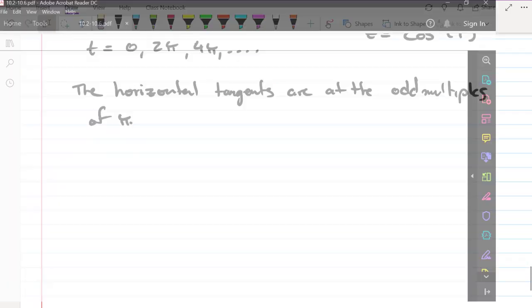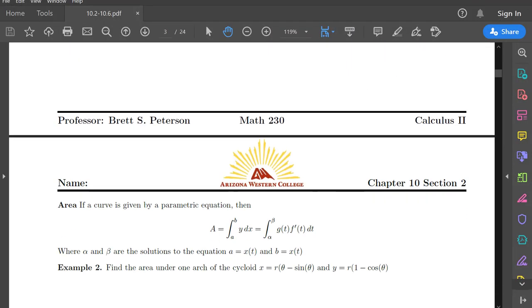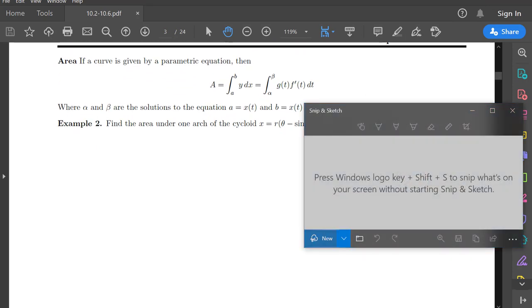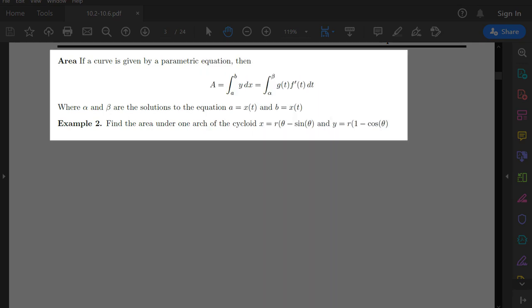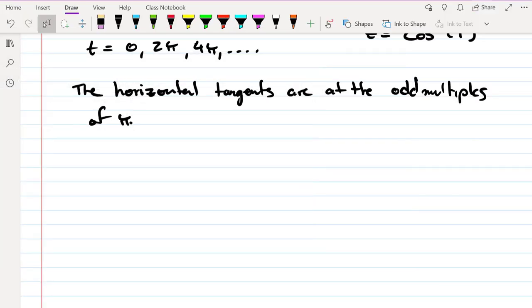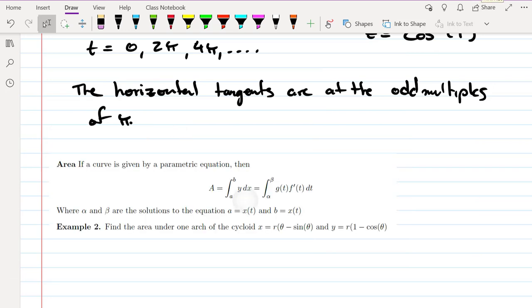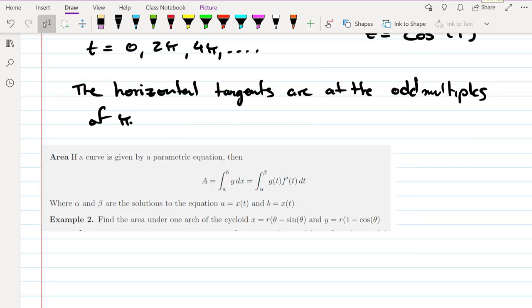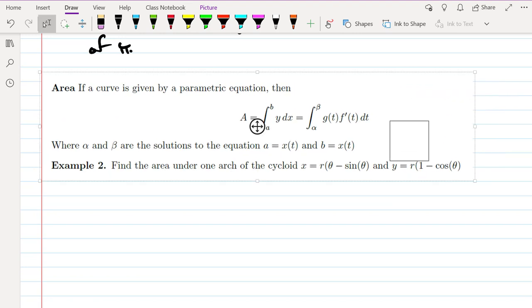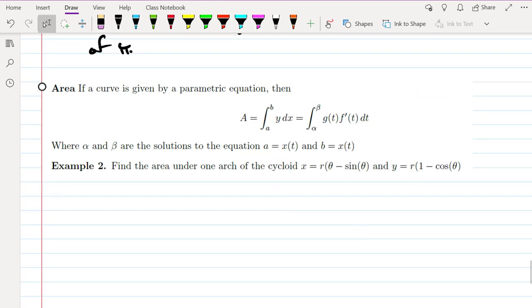All right. So for our next thing we want to talk about is areas with parametric curves. So if a curve is given by a parametric equation, then the area underneath the curve from x equals a to b is the integral of y dx.